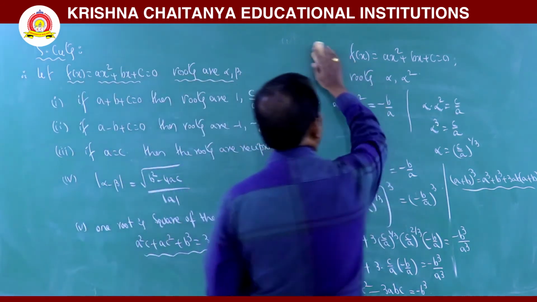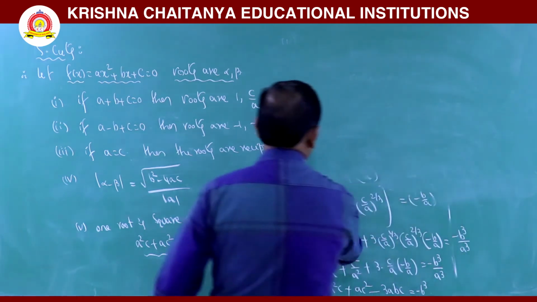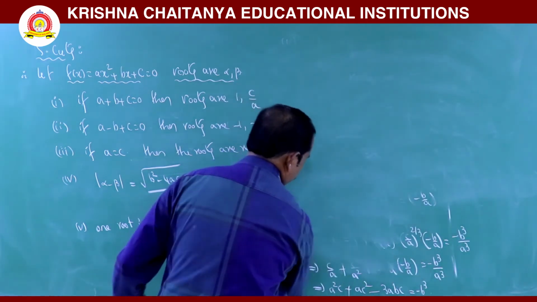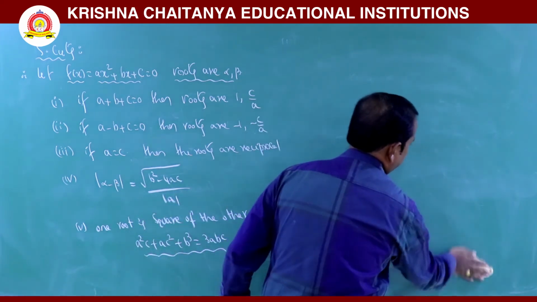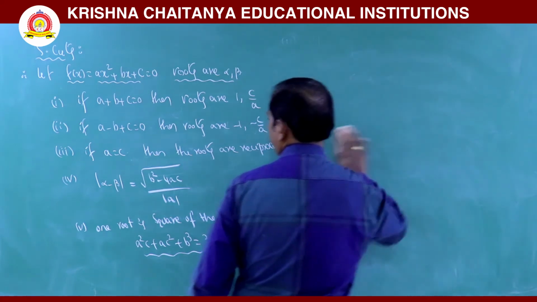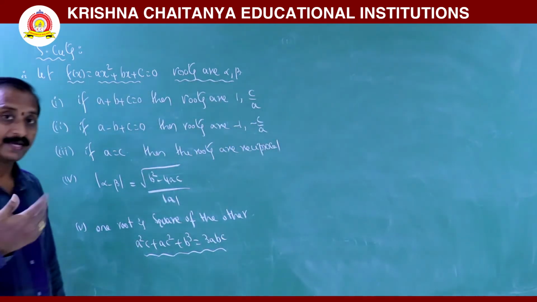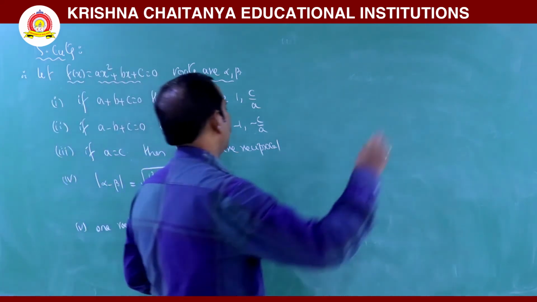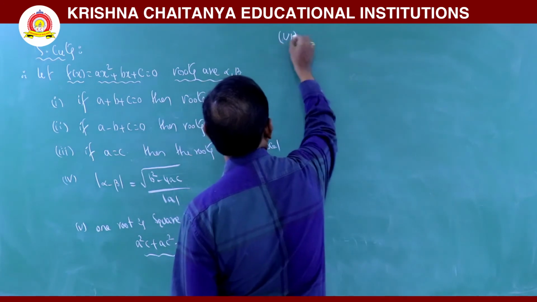Next, come to another one. One root is n times the other. Come to sixth point.